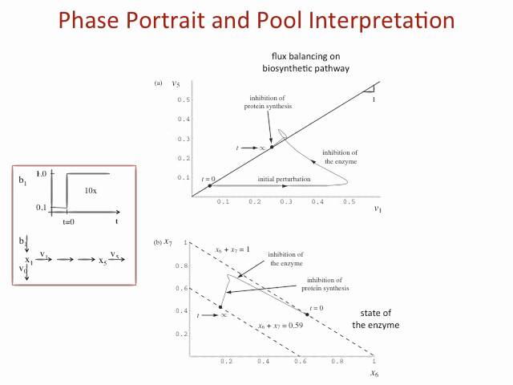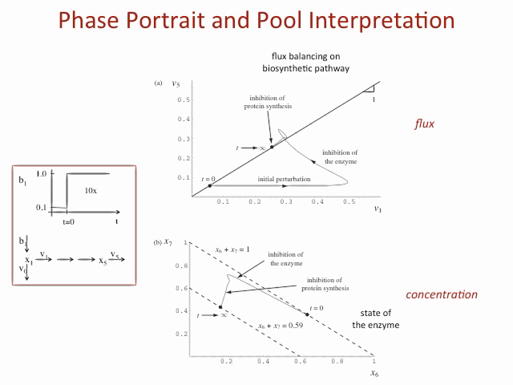So that's my flux phase portrait. I can look now at the state of the enzyme. You see that the reaction here is similar to that before, when the fraction of the active state of the enzyme starts dropping along the minus 45 degree line.